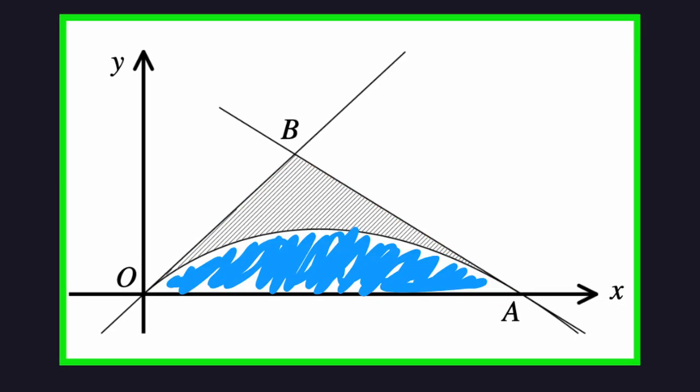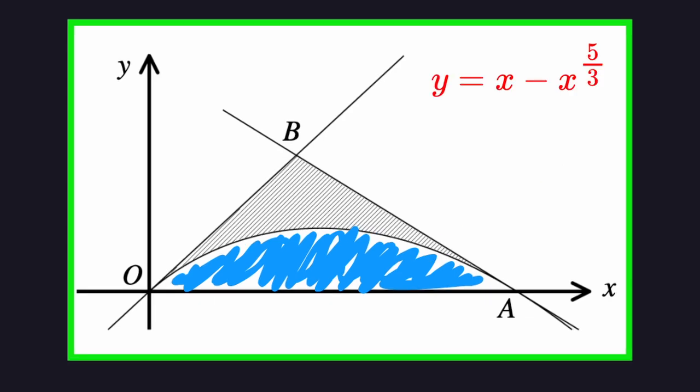Now the slightly more tricky part would be the curve. Our curve is y is equal to x minus x to the power 5/3. And so to find the area under it, we just integrate.